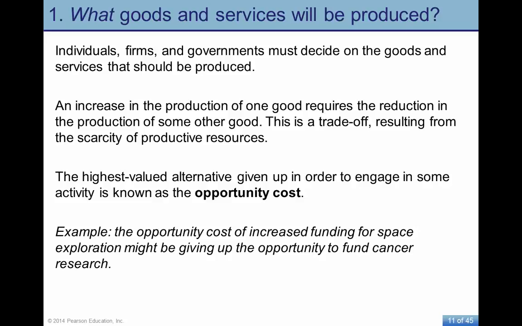The highest valued alternative given up in order to engage in some activity is known as the opportunity cost. For example, the opportunity cost of increased funding for space exploration might be giving up the opportunity to fund cancer research.